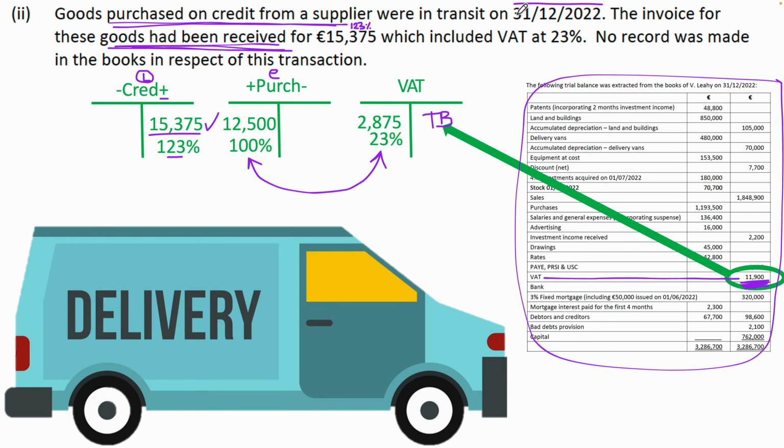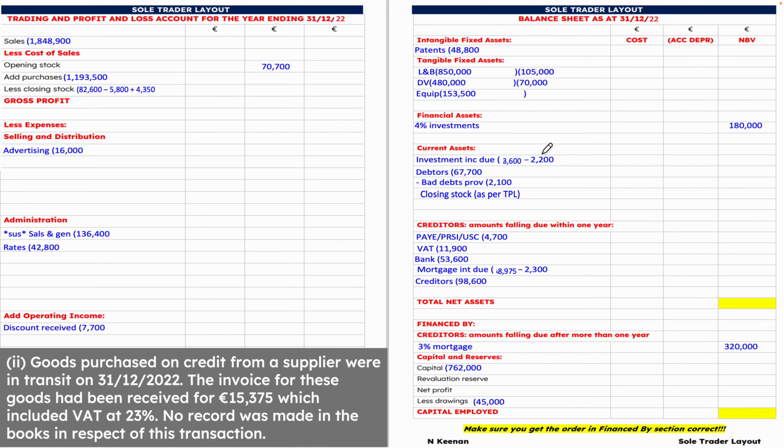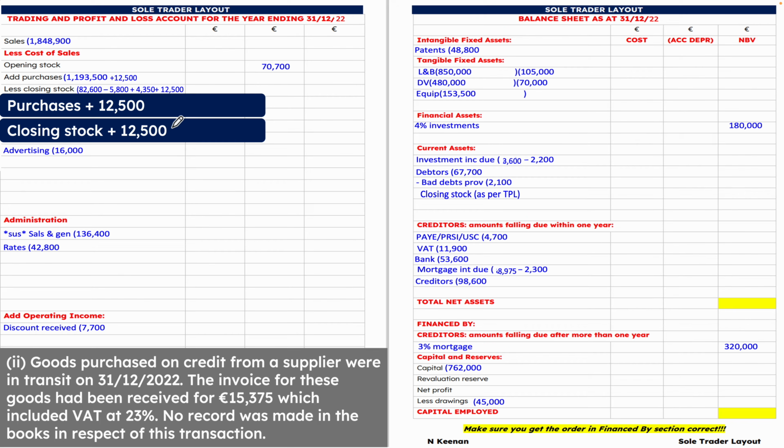And then the 31st of the 12th, 2022, that's closing stock, okay? So whatever we do to the purchases, we're going to do the same to the closing stock. So let's look and see how this is in our accounts. So purchases plus 12,500, closing stock plus 12,500.